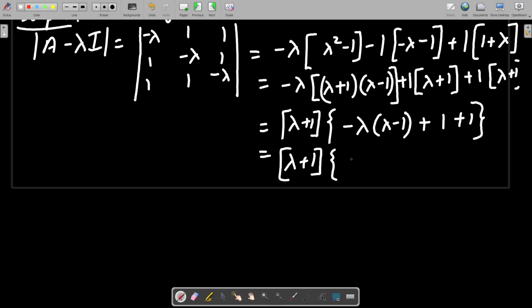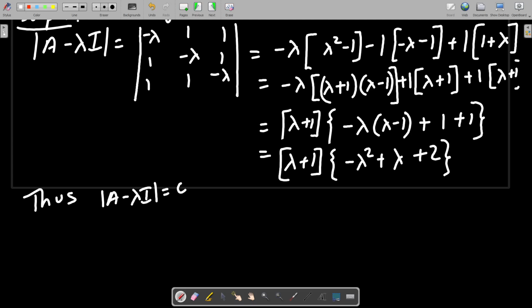So this will become, on simplification, minus lambda square plus lambda plus 2. Thus if we have A minus lambda I equal to 0, then we will get lambda plus 1.